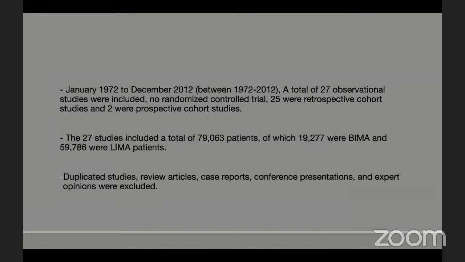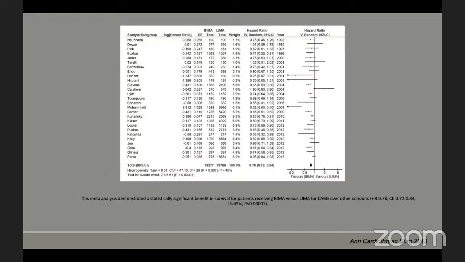The 27 studies included a total of 79,063 patients, of which 19,477 were bilateral internal mammary artery and 59,786 were left internal mammary artery patients. Duplicated studies, review articles, case reports, conference presentations, and expert opinions were excluded.